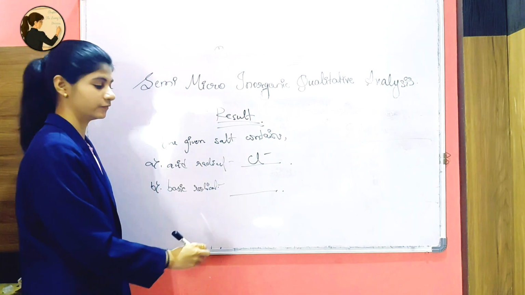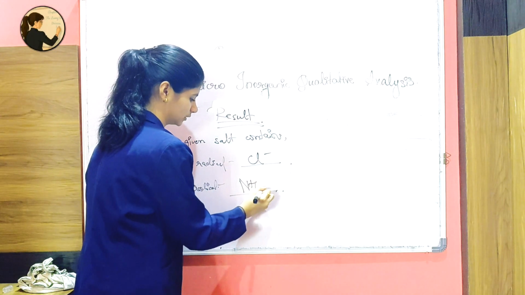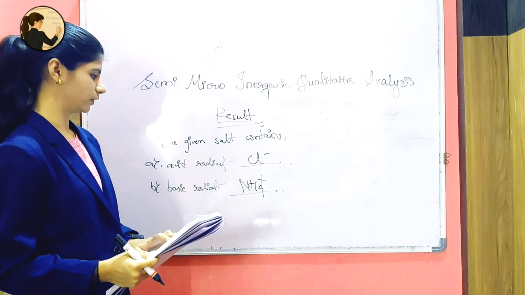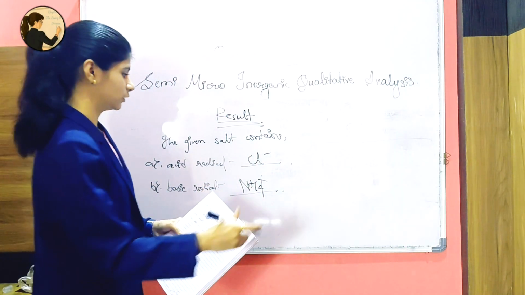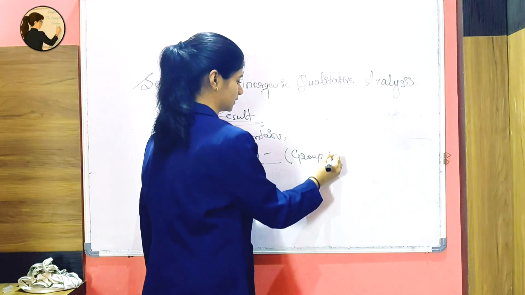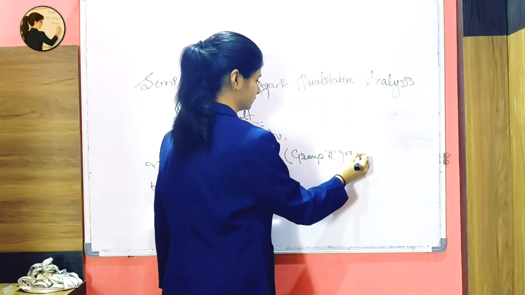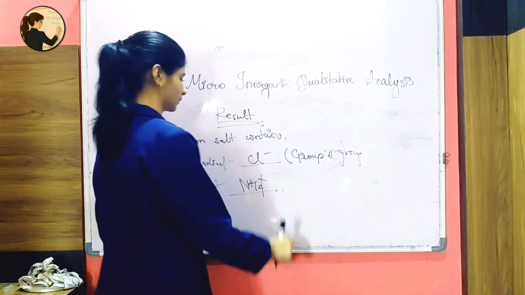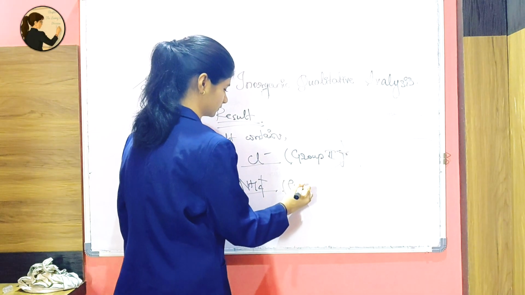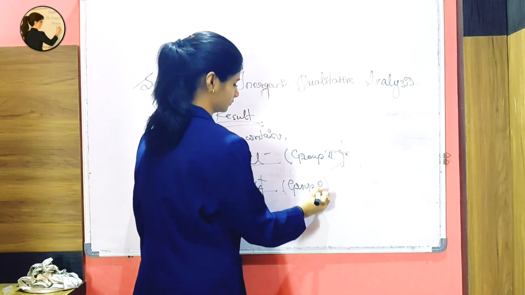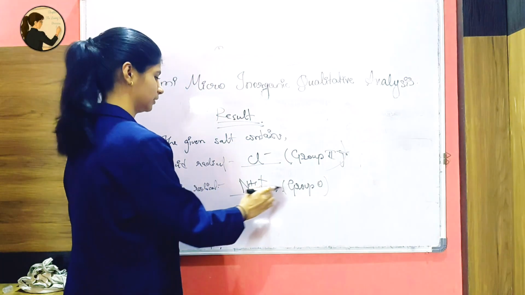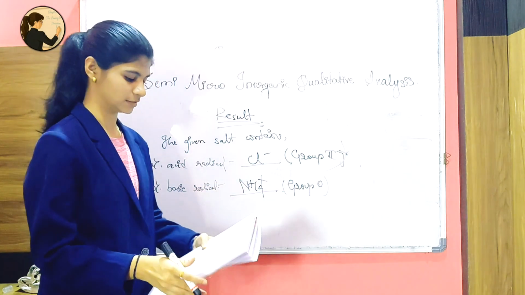In basic radical, we got NH4 plus. Now you should mention which group each element is present in. In group 2, Cl minus was present. In group 0, NH4 plus is present.